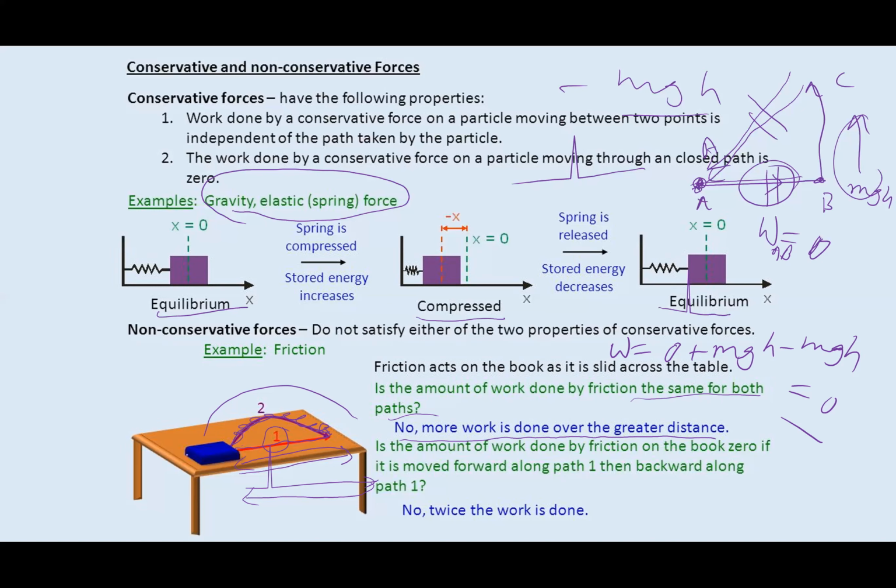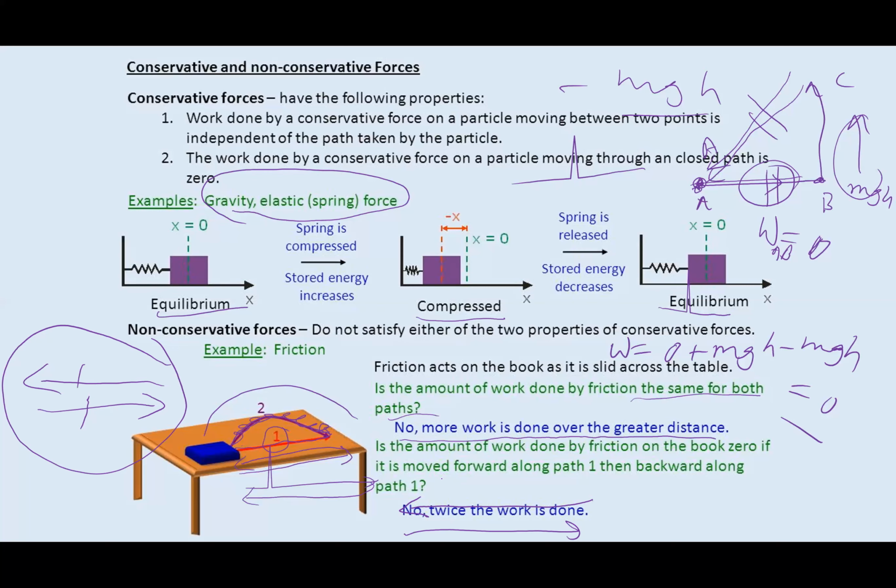If work were considered a vector quantity, then work done would be 0. But work is a scalar quantity, so going along this path and coming back to the original position, you consume 2 times the energy. So this is a non-conservative force field.